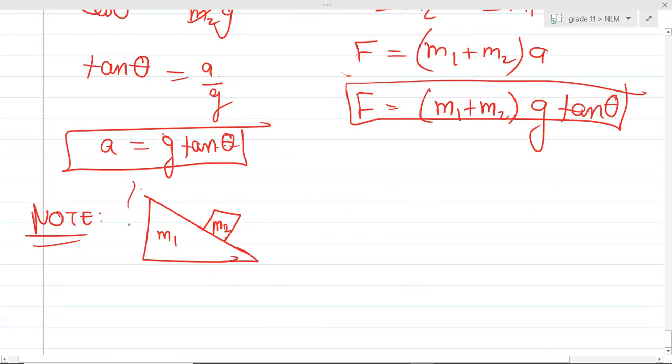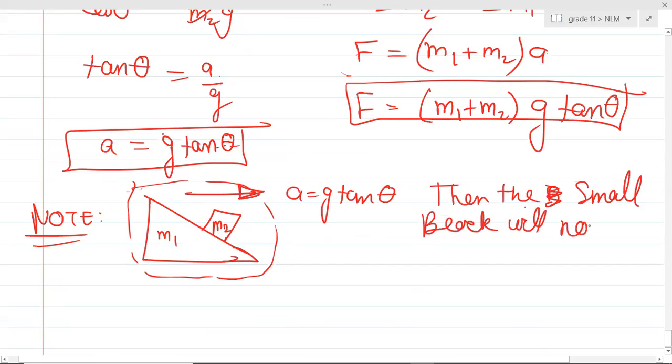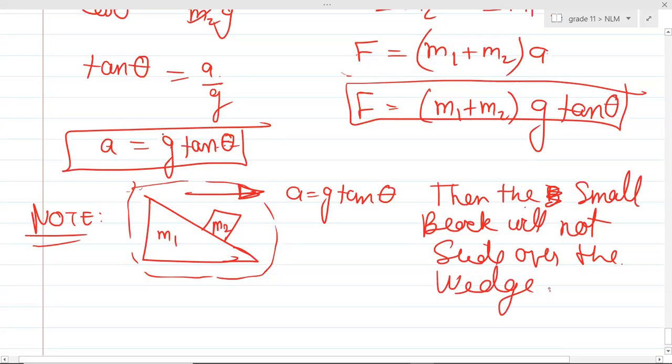If suppose, guys, the common acceleration of this thing is a equals to g tan theta, then the smaller block will not slide over the wedge. Based on this, a little bit of questions can be asked, right?